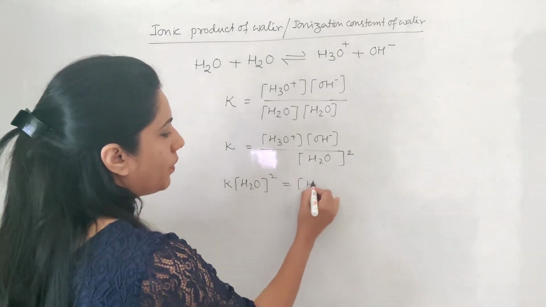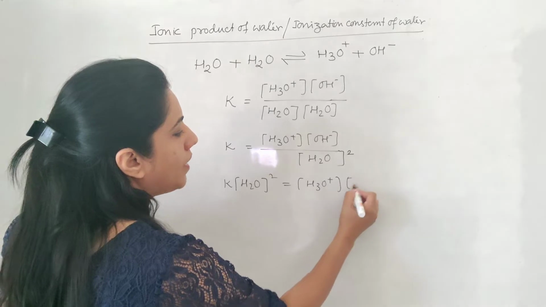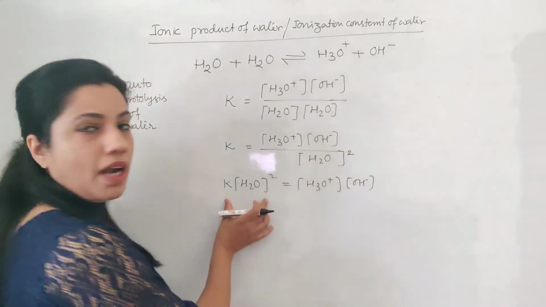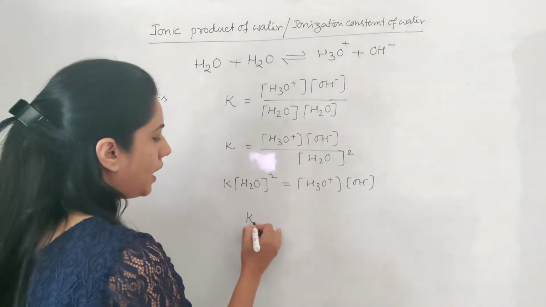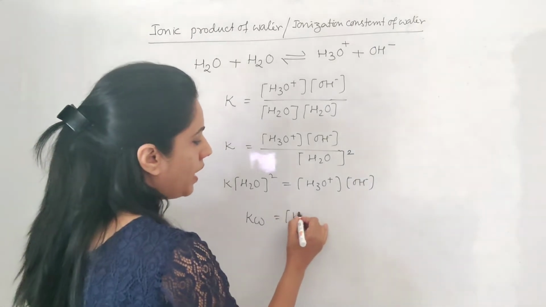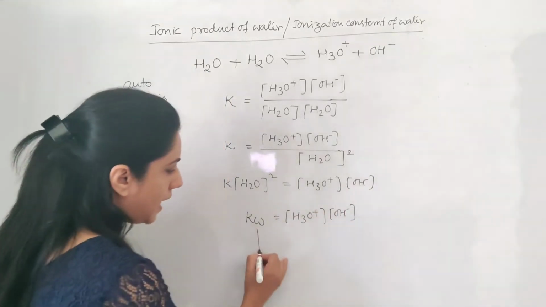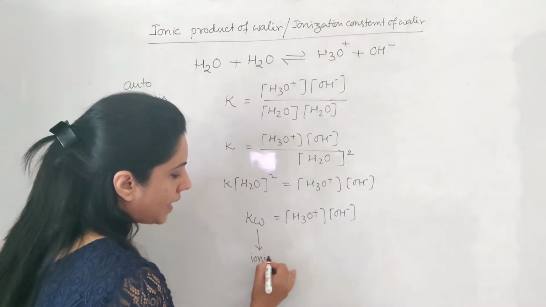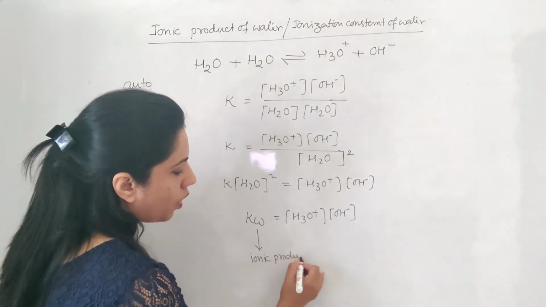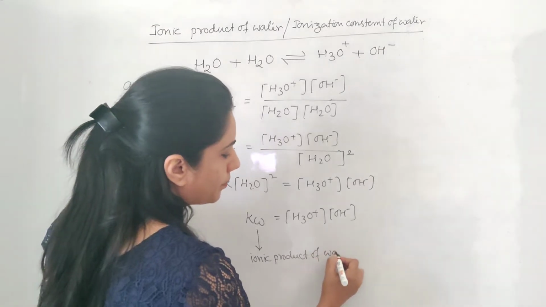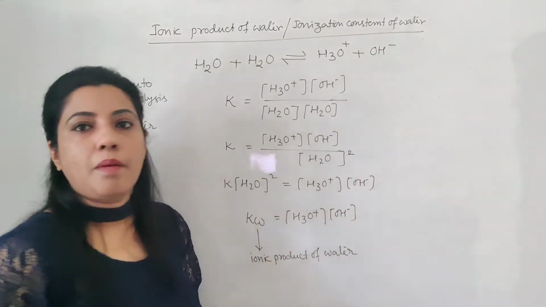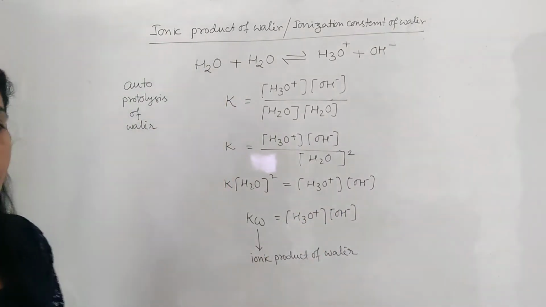So this is equal to H3O plus and OH minus, and we give a name to this constant, which is Kw is equal to H3O plus into OH minus. This Kw is called the ionic product of water.